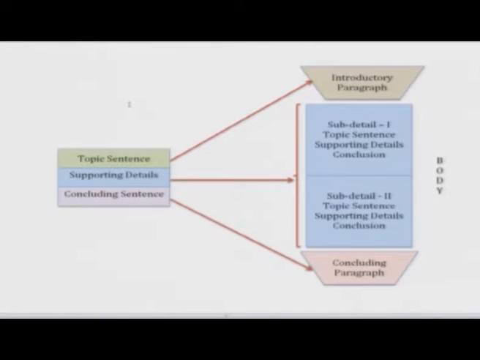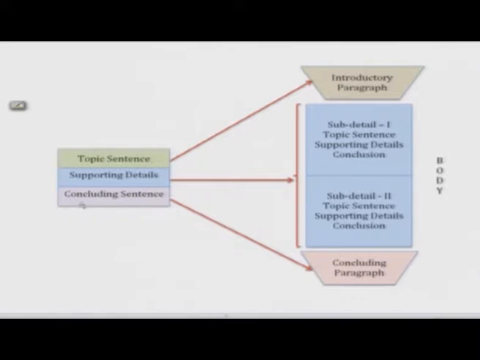Okay. So, if you look at this diagram, you can see how the structures of a paragraph and that of an essay are very similar in nature. Here you can see that this is the basic structure of a paragraph, and you can recall it from the discussion in the previous class, and this refers to the structure of an essay.